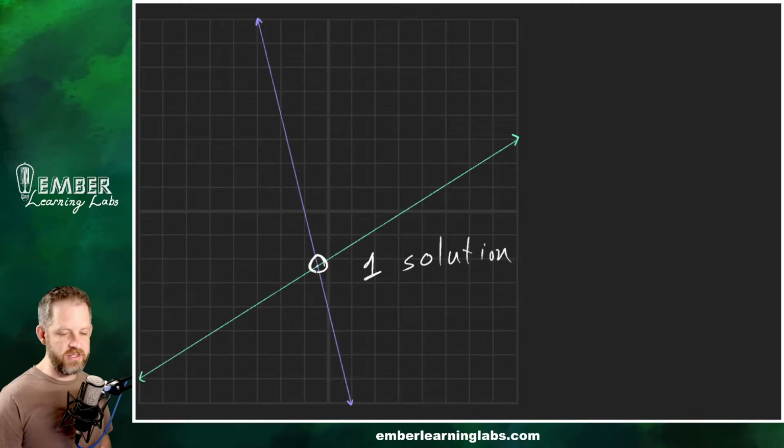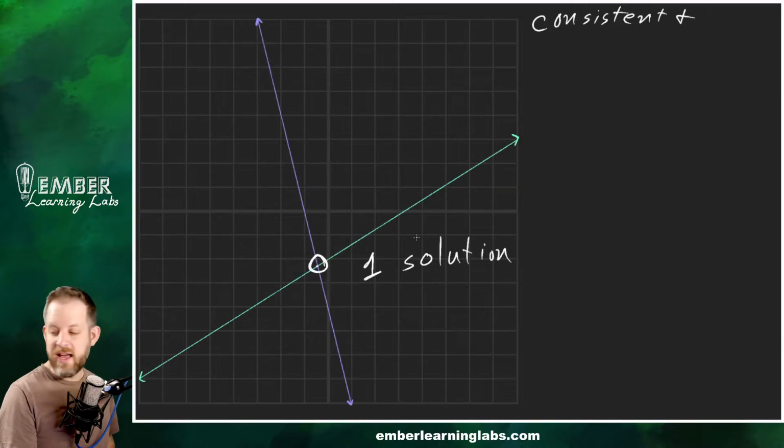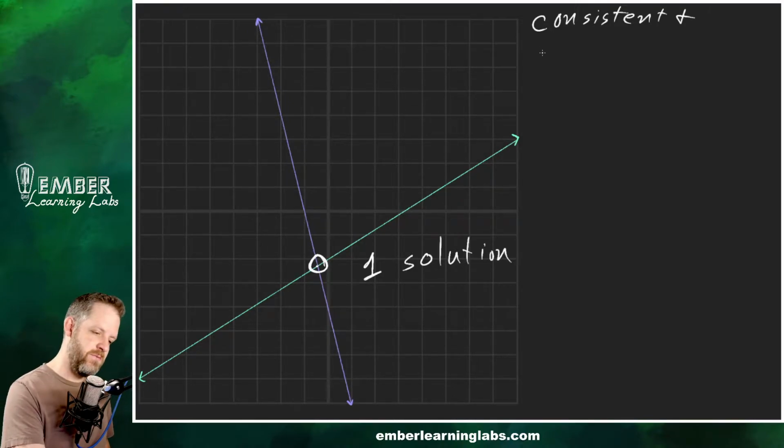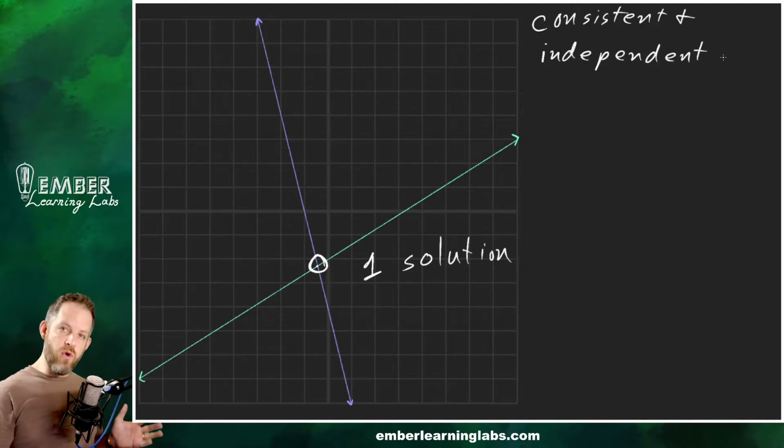That's the solution to this system. Now, this system is considered to be consistent and independent. Right? So that's one type of system.